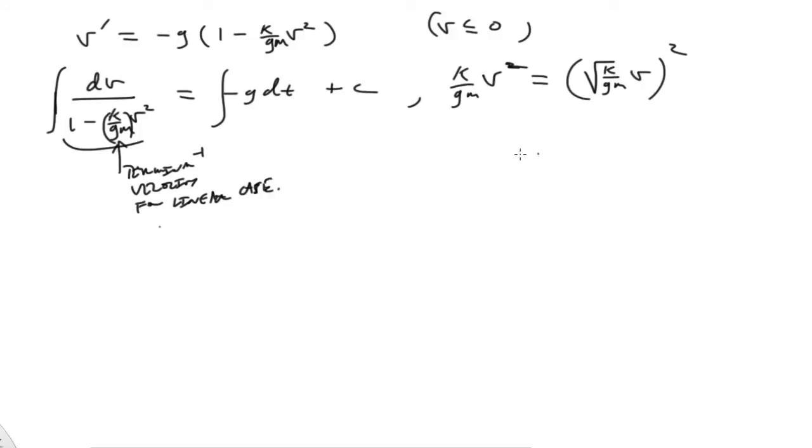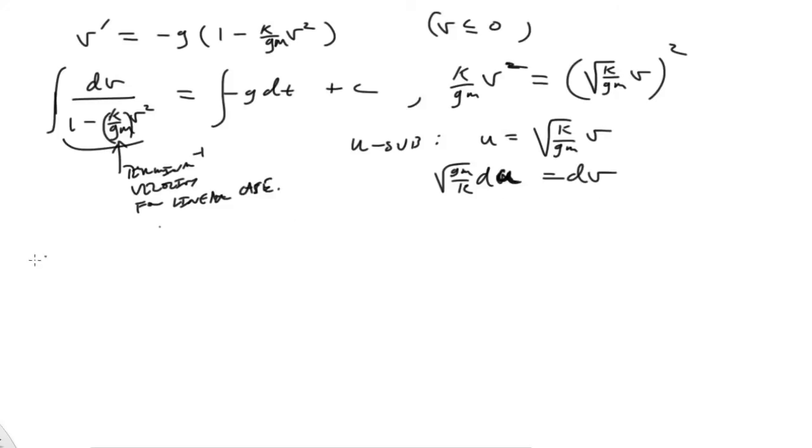All right, in which case we can define the u substitution of u equal to root k over gm times v, in which case du is equal to root k over gm dv.